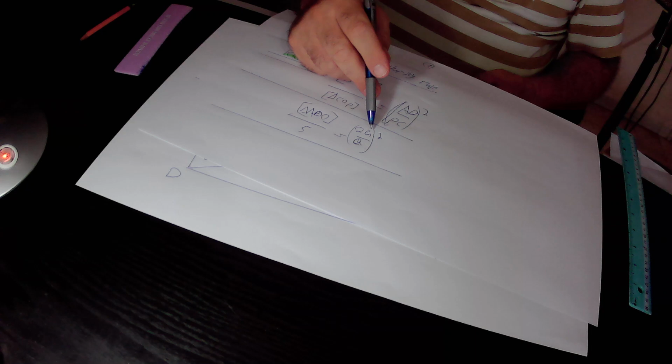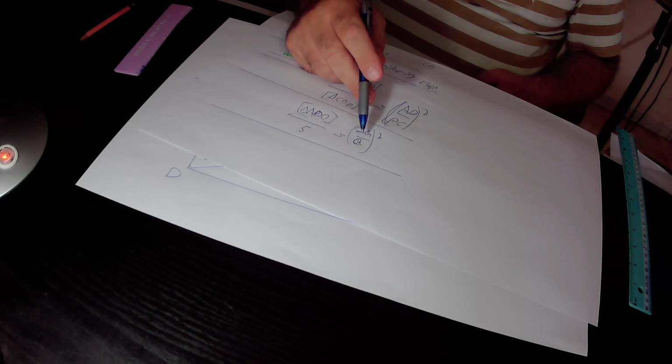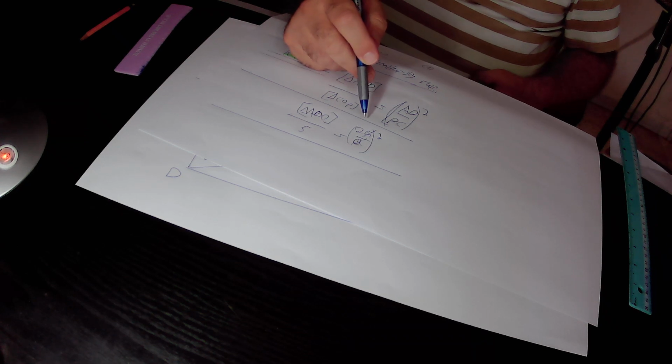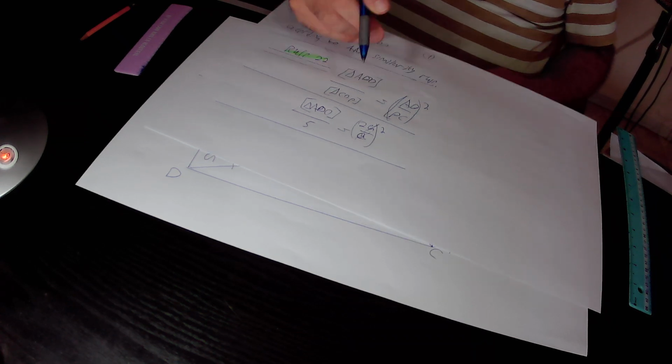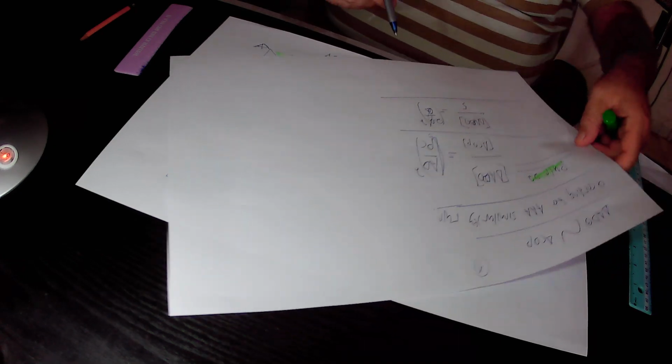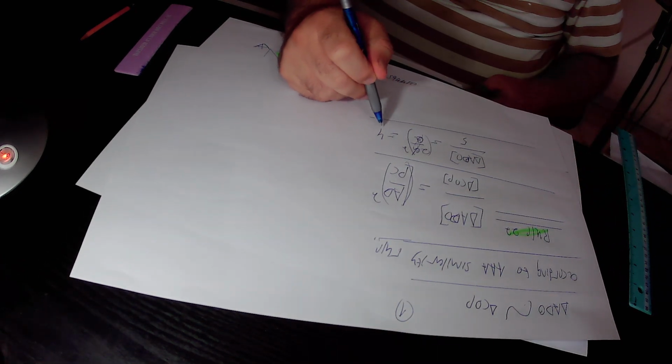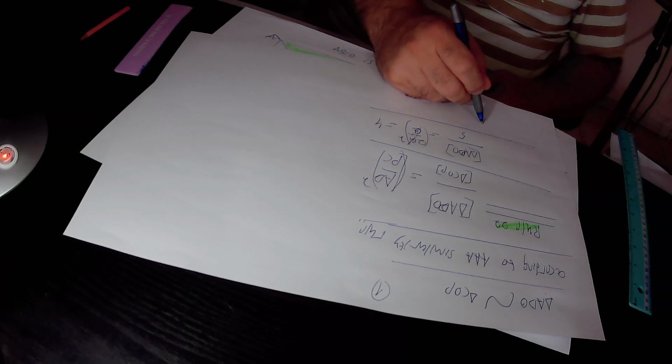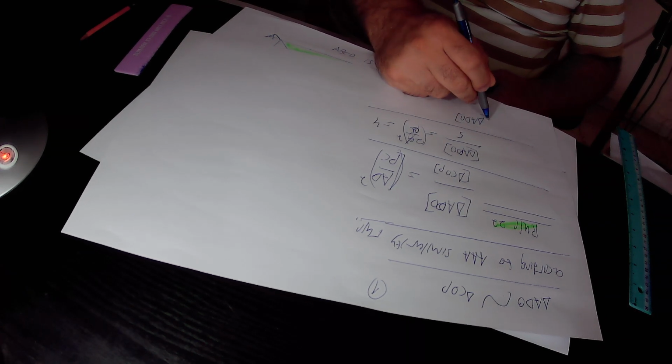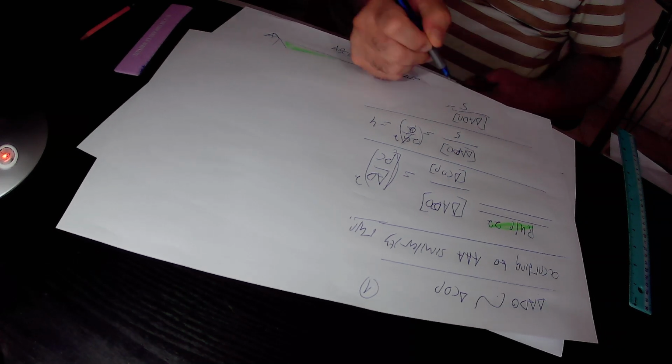We have A in the numerator and A in the denominator, so A will get cancelled. After we cancel A, we are left only with 2 squared. So 2 squared is 4. So in total, we found out that the area of triangle ADO over 5 is equal to 4.